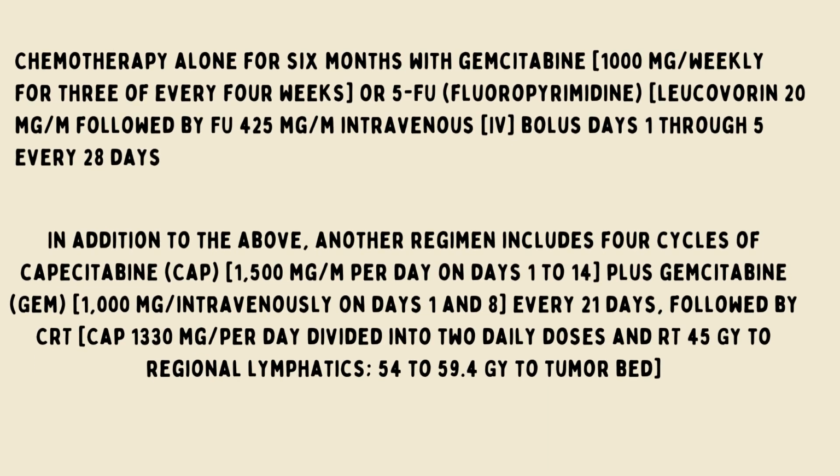If you are following the 6 month regimen, you have to do chemotherapy with gemcitabine or 5-fluorouracil. In addition, another regimen is 4 cycles of capecitabine, followed by chemoradiation.